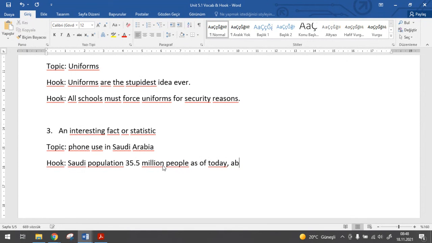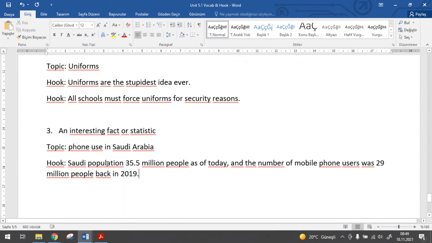And the number of mobile phone users was 29 million people back in 2019.